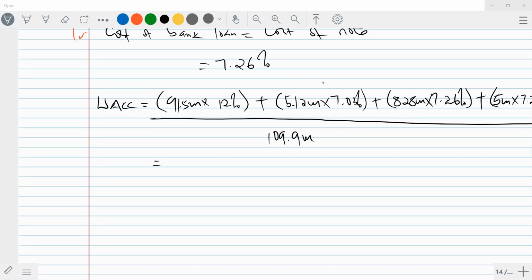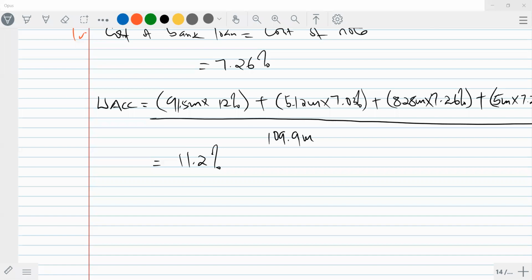How do you get the cost of capital for the company? From Timothy, 11.2, confirmed. We get 11.2, and that is confirmed by Sharon. That's how we get the cost of capital for the company.